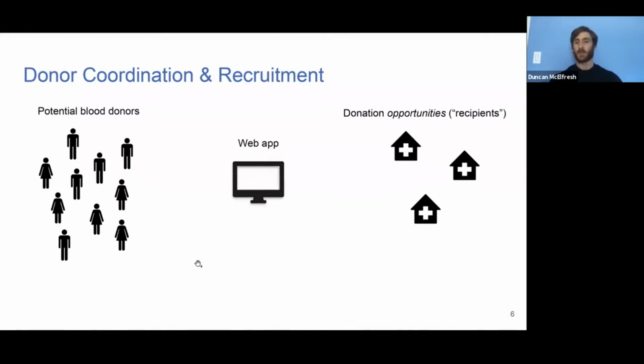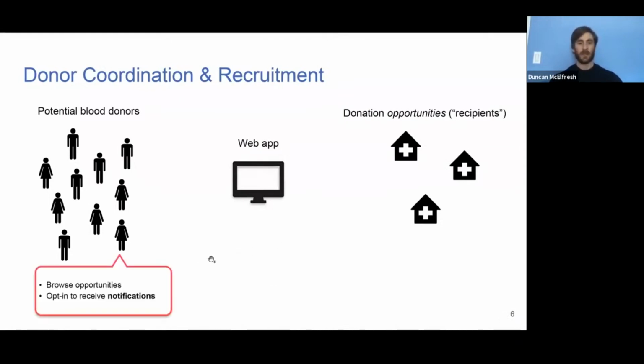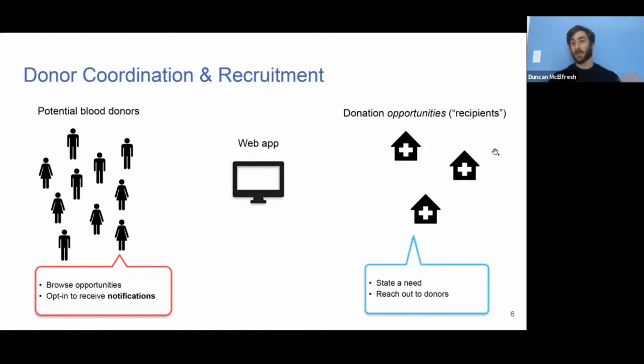The way that these donors and recipients use the web app is that the donors will browse for different opportunities to donate, and they can opt in to receive notifications about these opportunities.